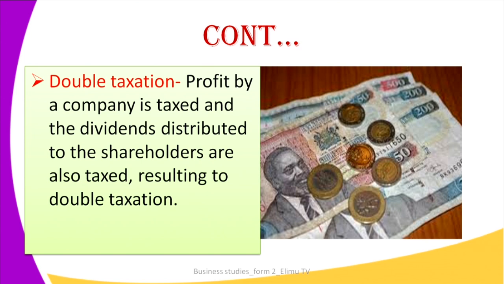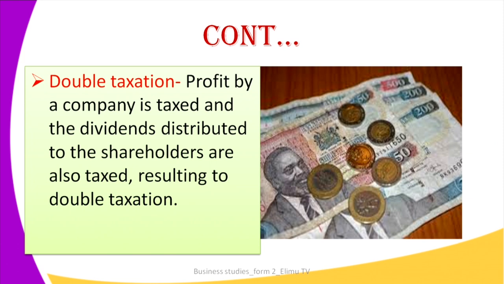Remember, the shareholders get dividends from the profit that is generated by the company. What happens is that these dividends are also taxed. So initially, the profit of the company is taxed. Then the dividends, that is the profit now being subdivided to the various shareholders, are also taxed.